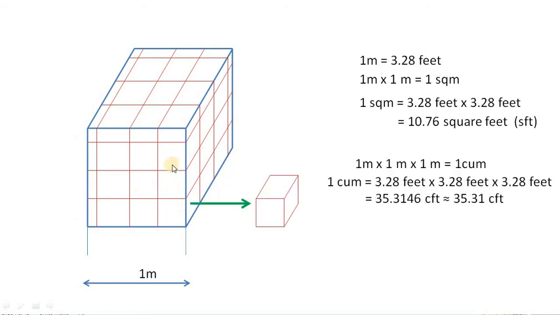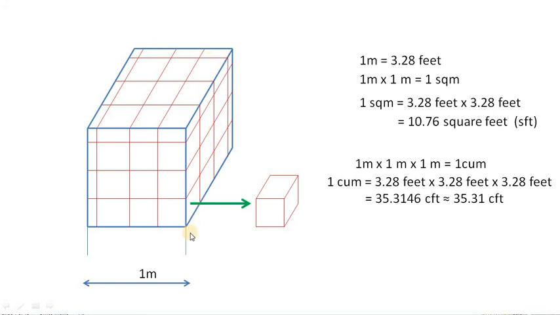If we divide it as we did earlier, we will get 27 full boxes of 1 cubic feet and some extra volume. If we calculate, totally in 1 cubic meter there will be 35.3 cubic feet.